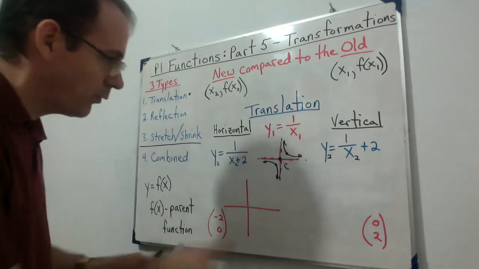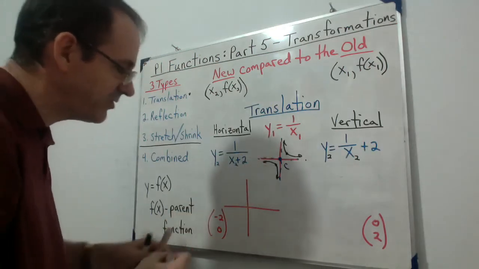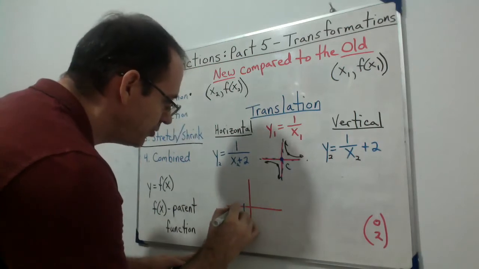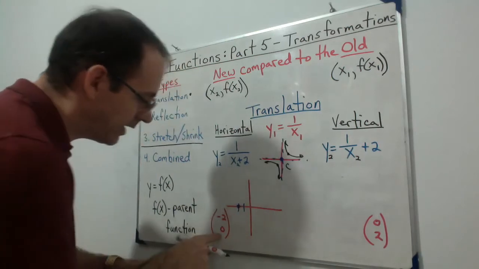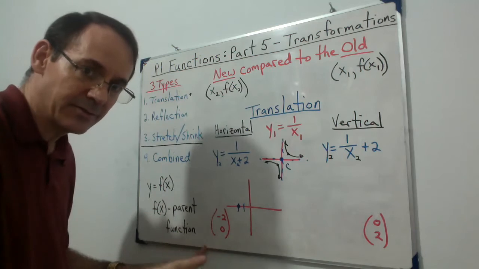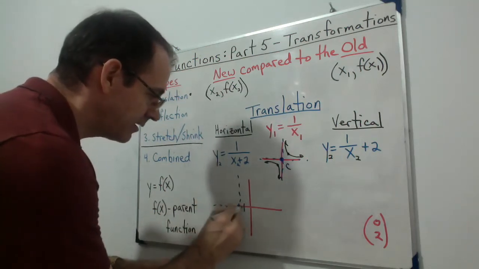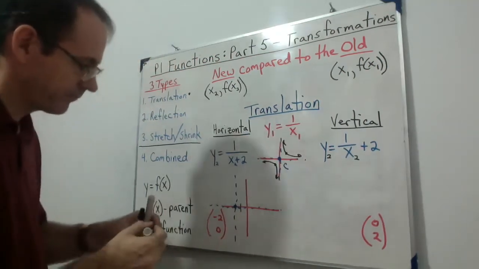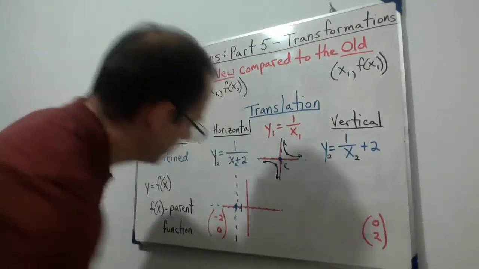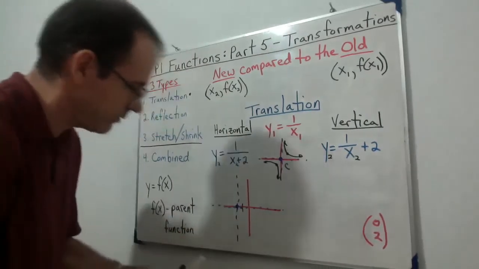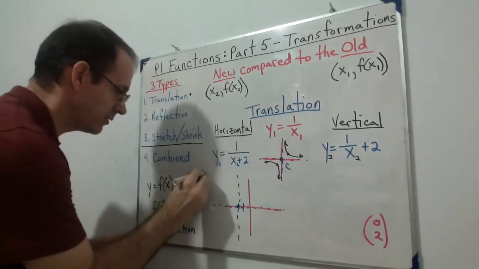Okay, so what we want to do is we want to take that center and we want to move it left 2 units, but up and down none. There's no change. So this then is where the asymptotes cross. We already got it there. That was -2, 0.